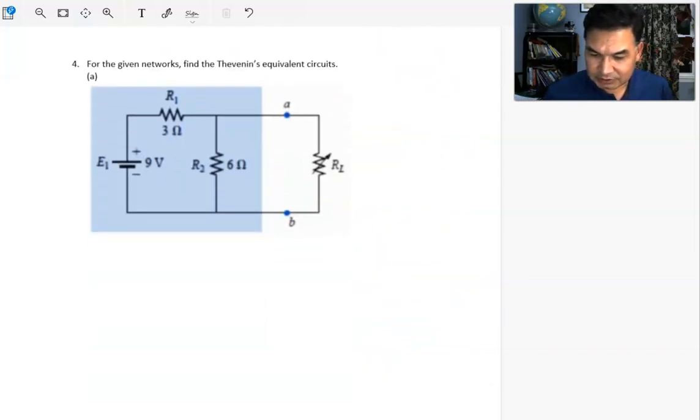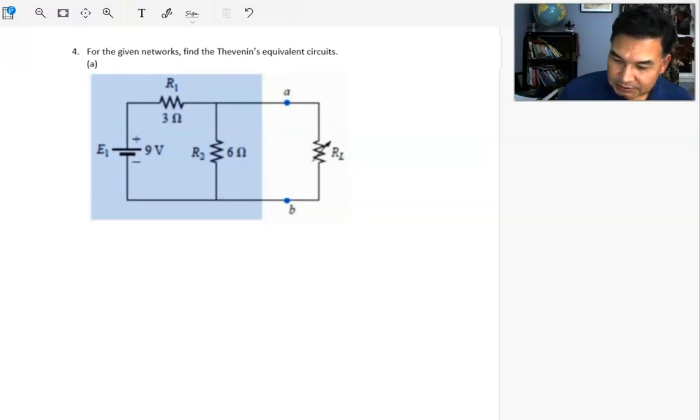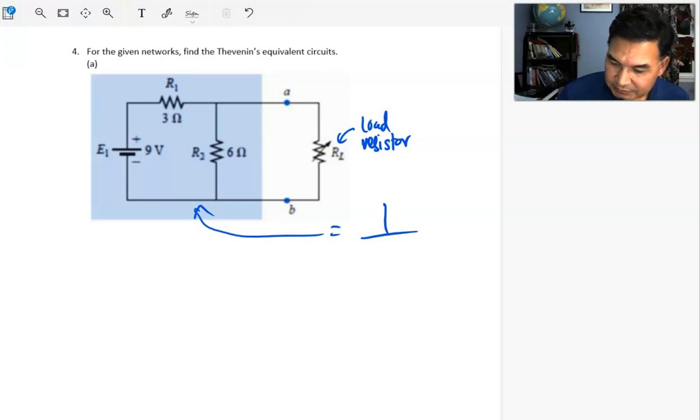So let's get started with a very simple circuit. On this diagram it says, for the given network, find the Thevenin equivalent circuit. So it's asking to convert this circuit. This is the load resistor, by the way. That means find the equivalent Thevenin voltage with a series resistor, and then you can put the load resistor after that.